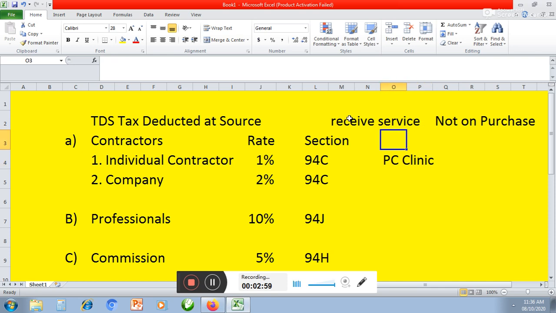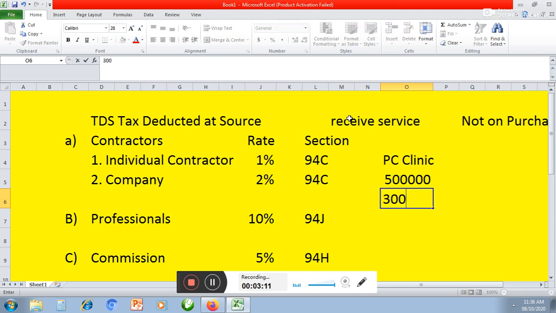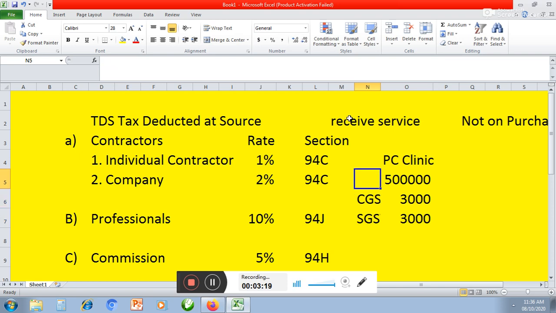Means I am receiving the service from PC Clinic. Suppose he gave me a 50,000 bill with 3,000 CGST and 3,000 SGST, a total bill of 56,000.